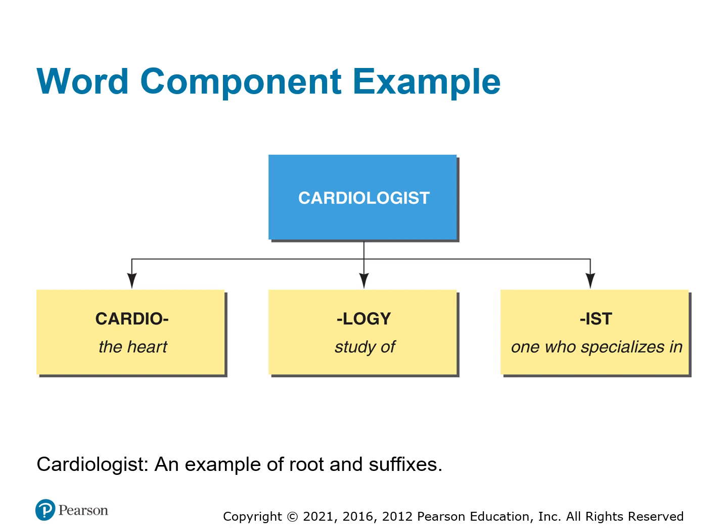But then you can add another segment to the end of it with ist, meaning one who specializes in it. So cardiologist is the heart, the study of, and the person that specializes in it. So you can do that with all the different fields, break them down, and understand how those different segments work within the word.